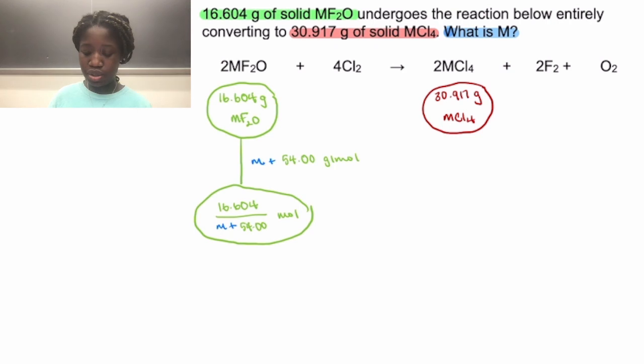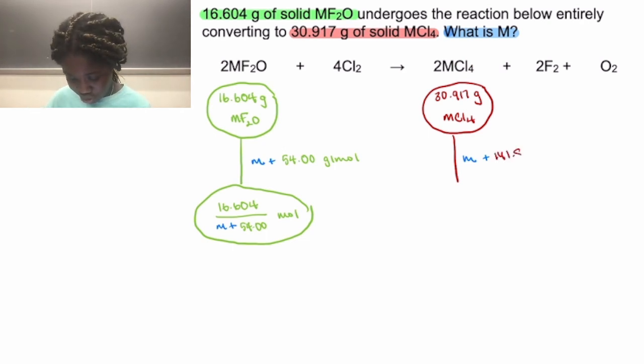Now we're going to do the same thing for MCl4. I'm going to designate its atomic mass as little m, the atomic mass for big M, plus the atomic mass of chlorine multiplied by 4 due to the subscript, and that is 141.8.